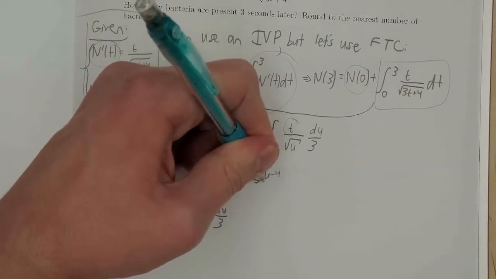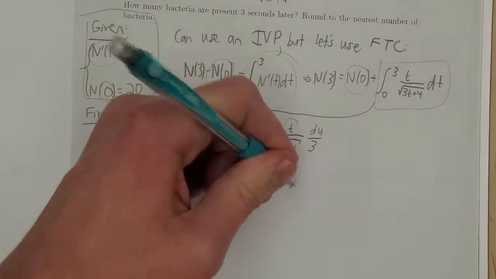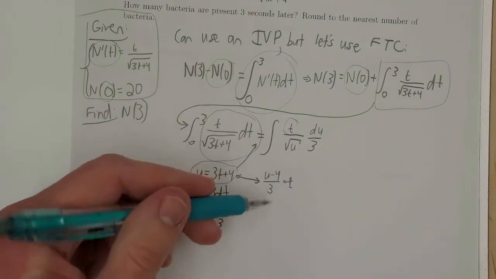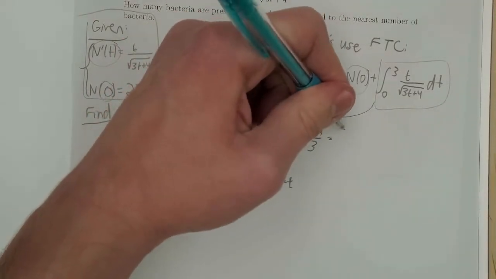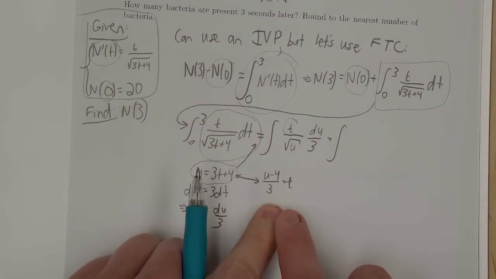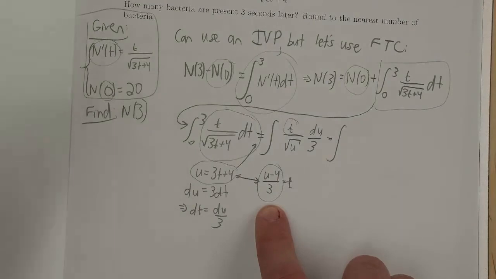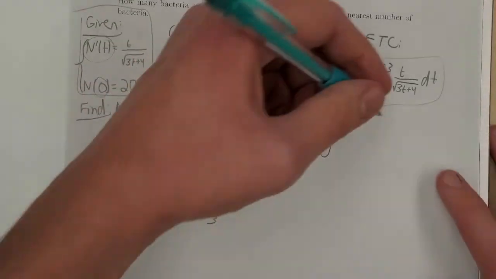Yep, u minus 4 over 3, and then that equals t. So now we can express t in terms of u, so that'll give us a way to circumvent the problem. So now this is t here, so we can just let t equal this expression in terms of u, and then that's our problem solved.